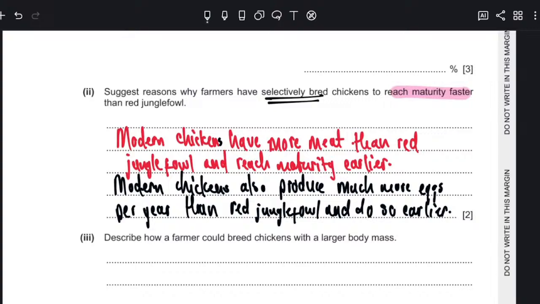So they're saying, tell us why the farmers chose this. Selective breeding is also called artificial selection. Farmers look for, to say, we want a chicken with a lot of eggs. So they start to breed it. To breed it means they mate chickens that can do it together, to give babies that can do it.